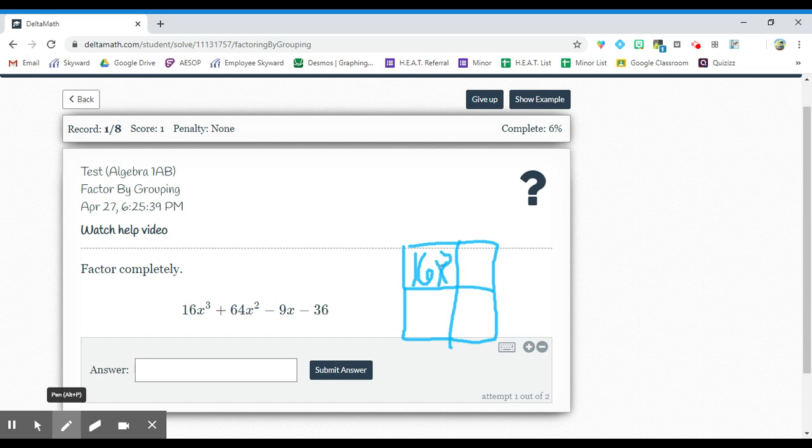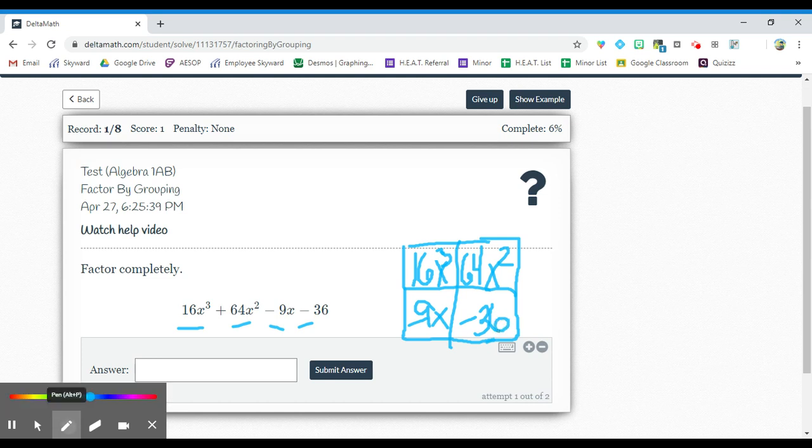So each first term, that says 16x to the third, and then we have our 64x squared, and then I have my minus 9x, and then my minus 36. Got a little lag, but that's okay.